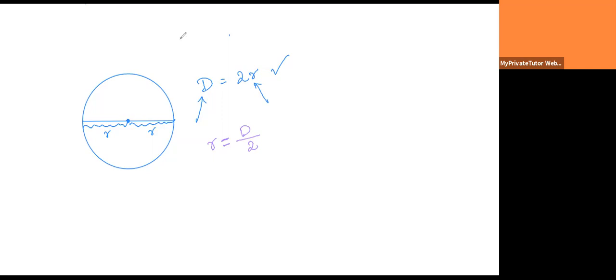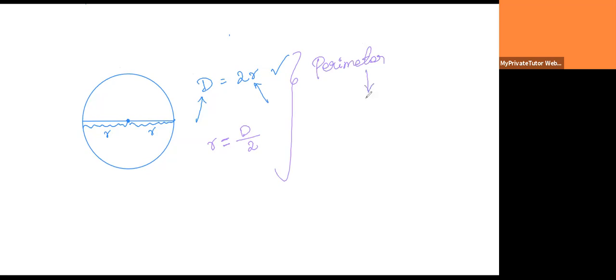And then the other important basic thing in the circle: what is perimeter? You might have learned the perimeter of 2D shapes, maybe the perimeter of a square, perimeter of a rectangle, and so on. What is the perimeter of a circle?